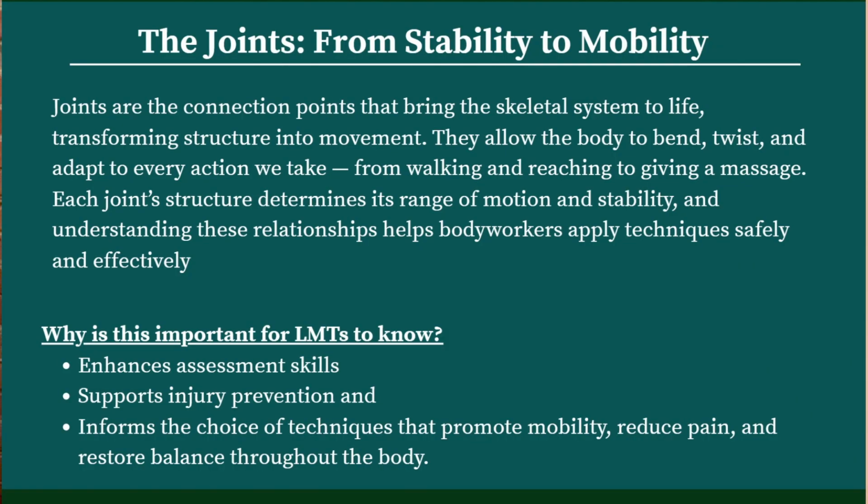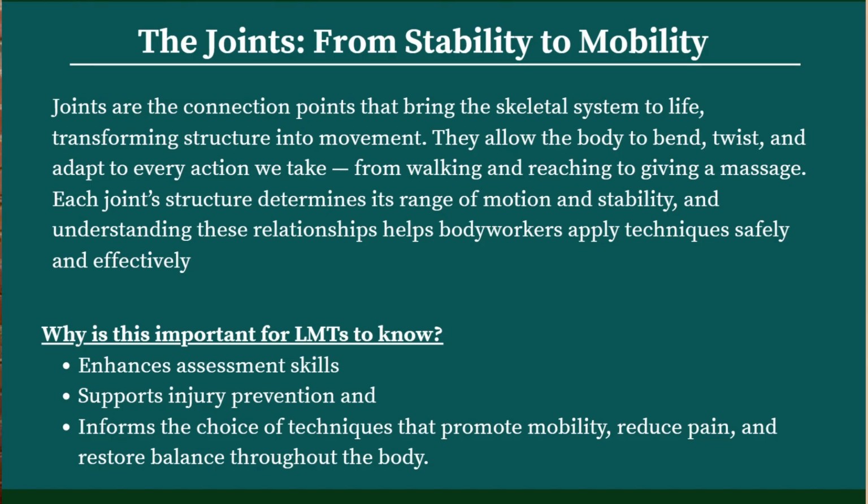Just absorb it. The joints are the connection points that bring the skeletal system to life, transforming structure into movement. They allow the body to bend, twist, and adapt to every action we take, from walking and reaching to giving a massage. Each joint structure determines its range of motion and stability.